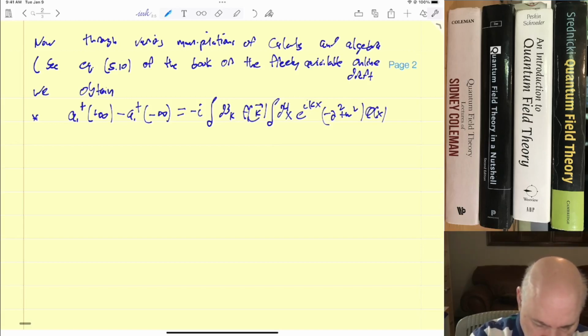Now, in free field theory, the right-hand side is equal to 0 because of the Klein-Gordon equation.